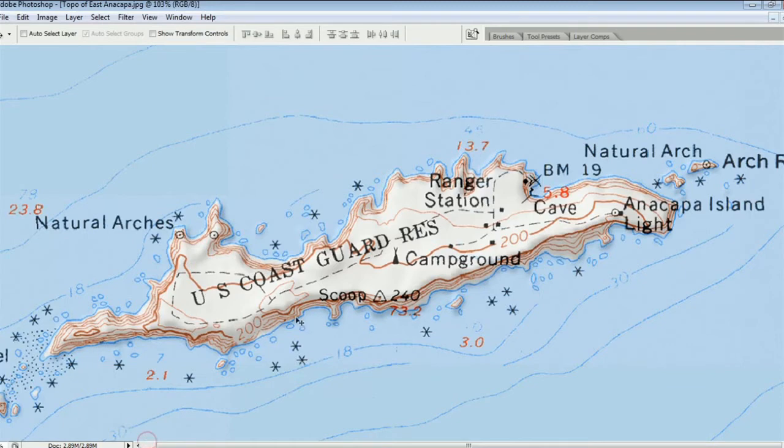So he hit the 200 feet, down to 160, then all the way up to 240, and then it went down a little bit, back up to 240. And then the camera pans across, and all of this is at least 200 feet high, but not 240. Until it gets to here, which is Anacapa Island Light, the lighthouse.